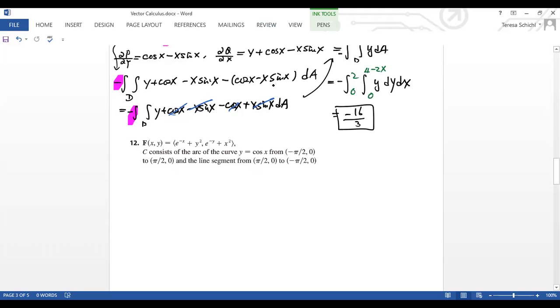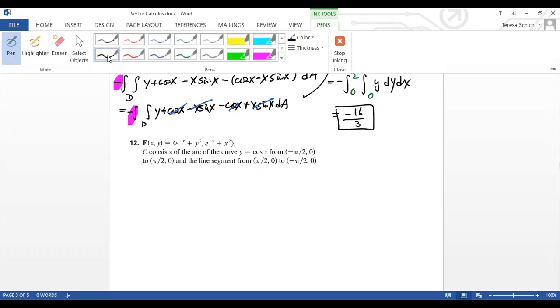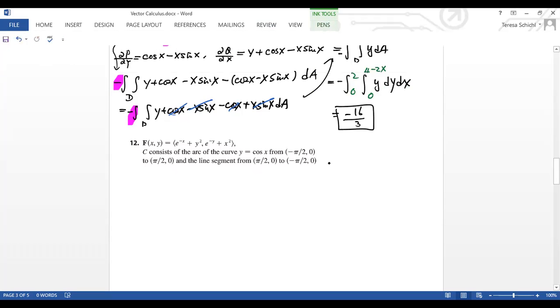This one is a very interesting one also. Let's say C consists of the arc of y equal to cosine x from -pi/2 to 0, and then pi/2 to 0, and the line segments. Okay, let's take a look here. This is pi/2.